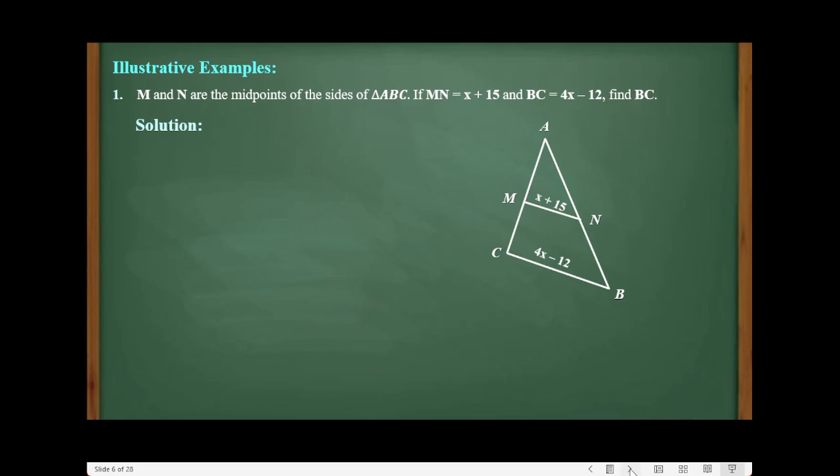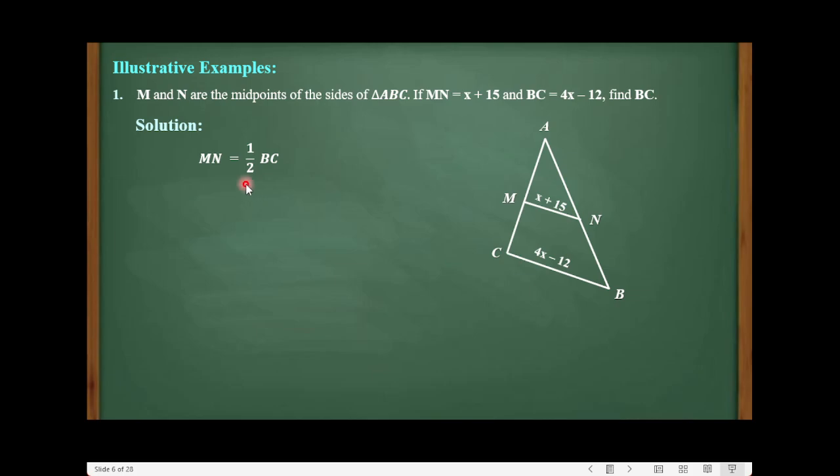Okay. So for our solution, we apply the midline theorem. According to the theorem, if the midline is parallel to the third side, it follows that its length is half the length of the third side. So mathematically speaking, that is MN equals 1/2 BC.